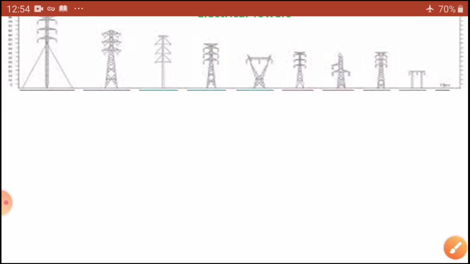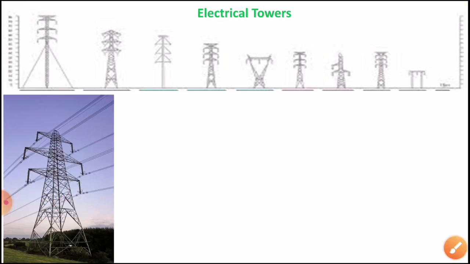Basically, we can observe this tower generally around us. This is a normal general tower. It may be a 250 kV double circuit. Instead of this, some creative people are designing towers in different shapes.